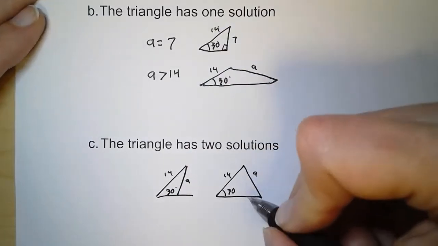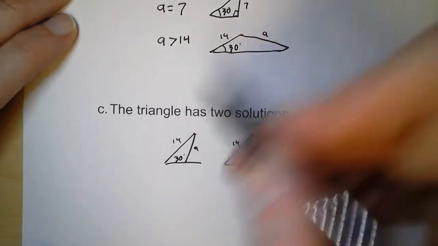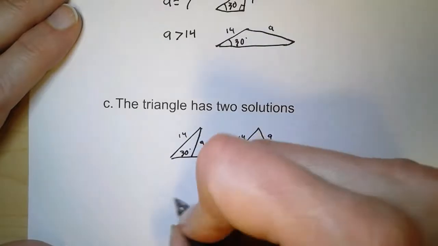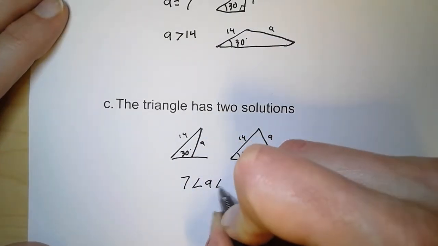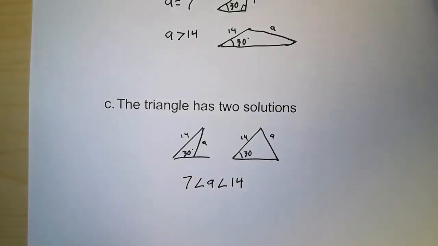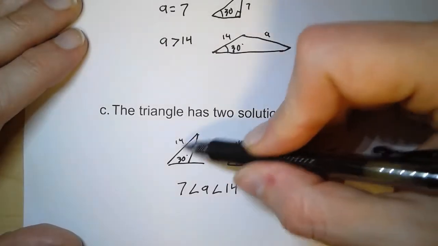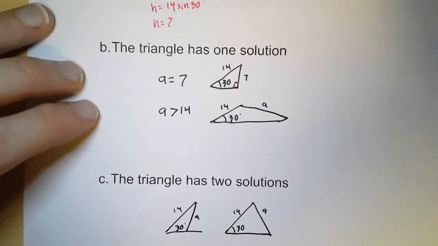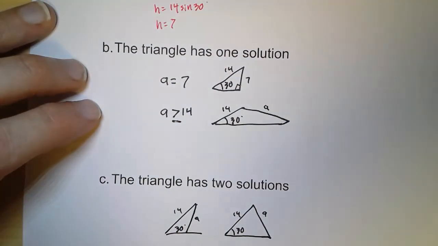Now, it has to be long enough to connect, so it has to be bigger than 7, but it also has to be short enough to be less than 14. So that means in this case we have 7 less than a, less than 14. Now, one thing I forgot, what if a exactly equals 14? Well, it wouldn't work over here. So I better go up here and modify that and say a is greater than or equal to 14.